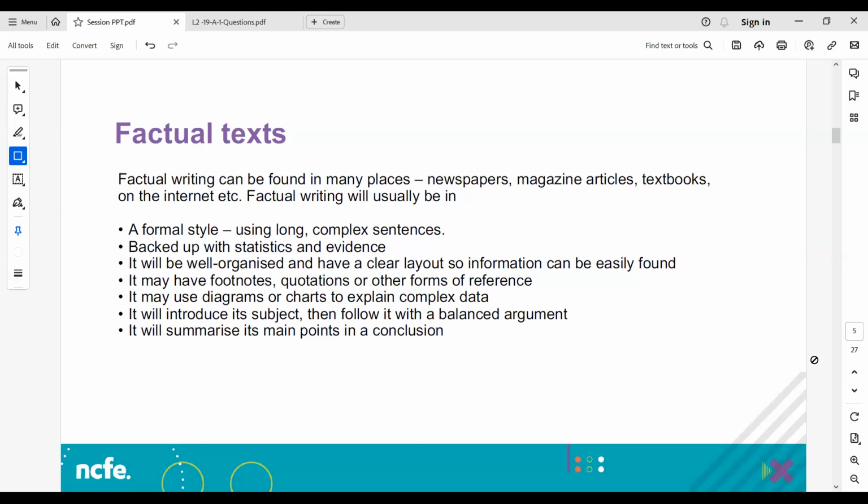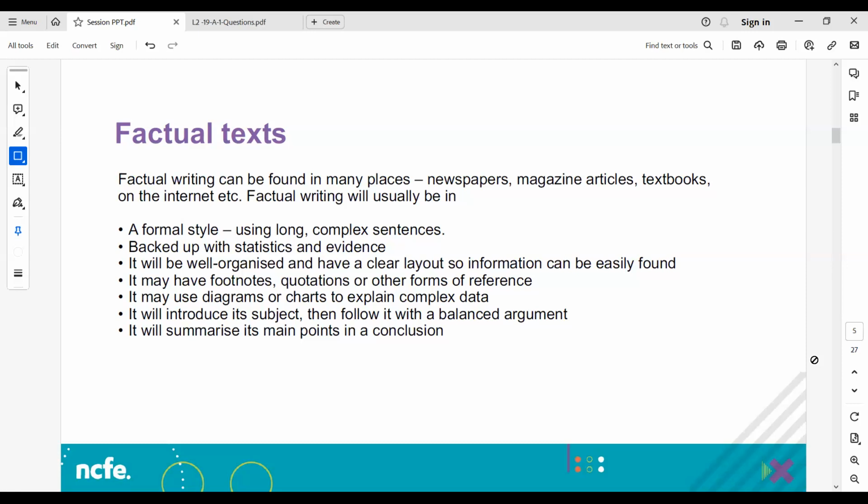So there'll be a clear layout, possibly some subheadings, so that you can find information easily. And footnotes, quotations, other references.